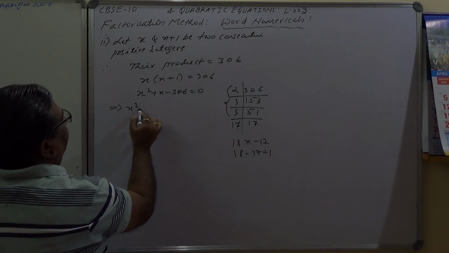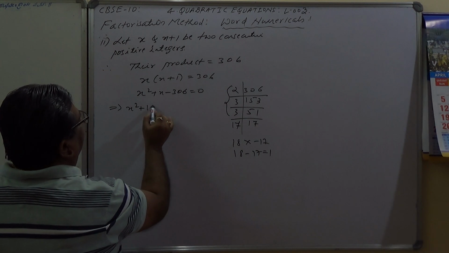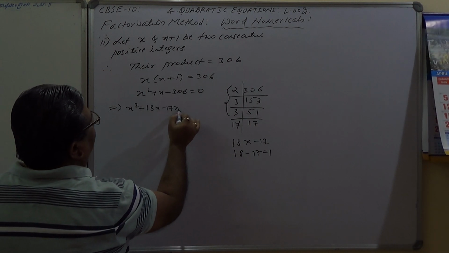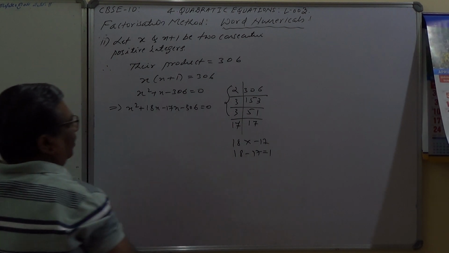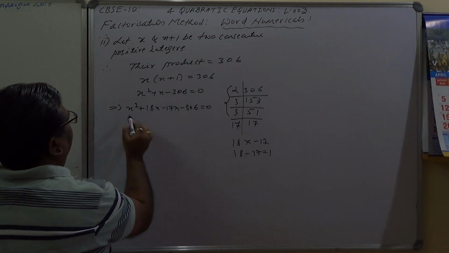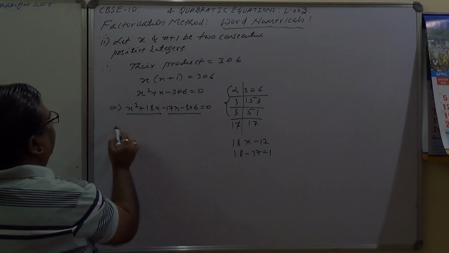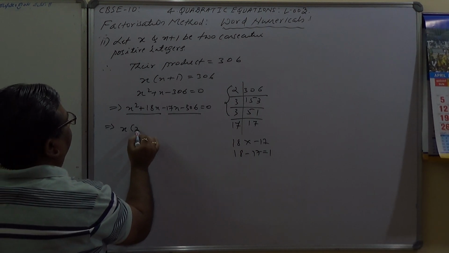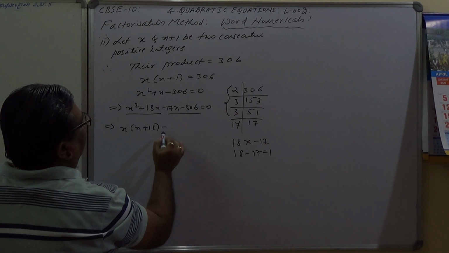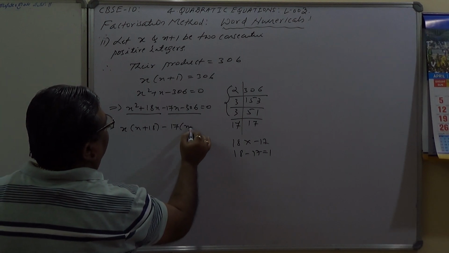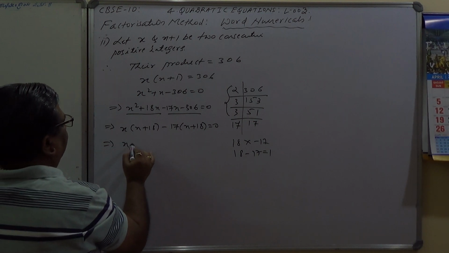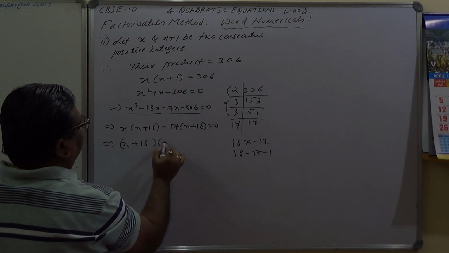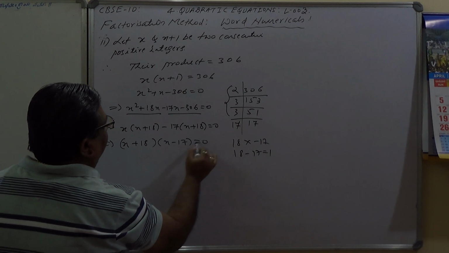Implies x square plus 18x minus 17x minus 306 equals 0. Is it right? Okay. Common here and common here implies x minus 17 into x plus 18 equals 0.